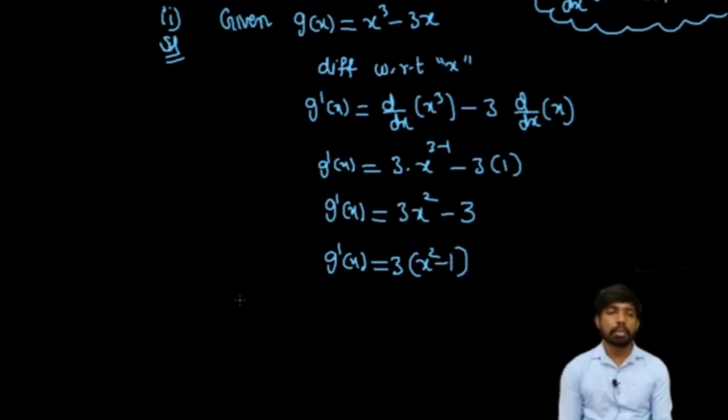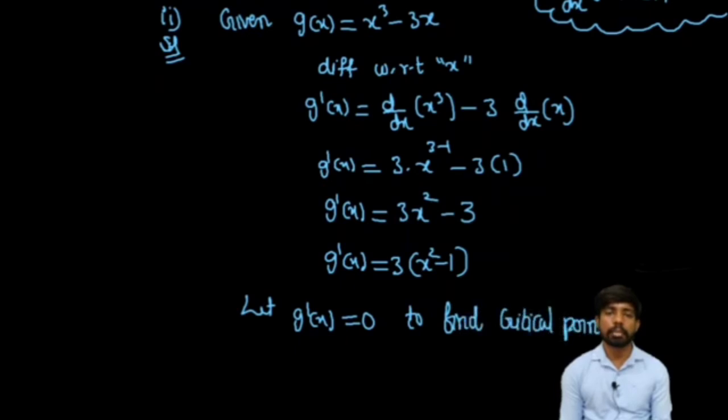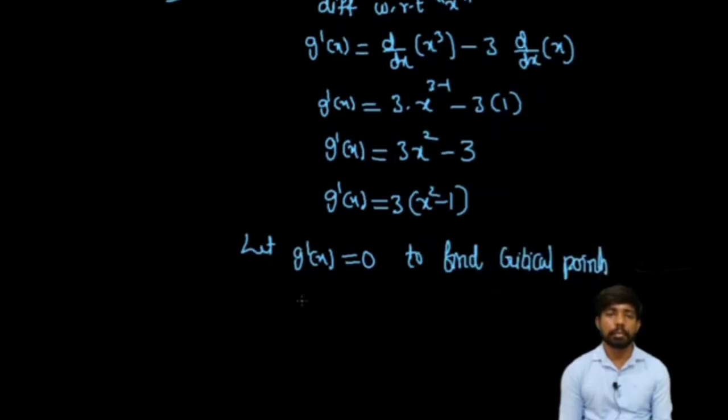Therefore, let g dash of x be equal to 0 to find the critical points. So 3 times x square minus 1 is equal to 0, and x square minus 1 is equal to 0. Use the a square minus b square formula, which is a plus b into a minus b.